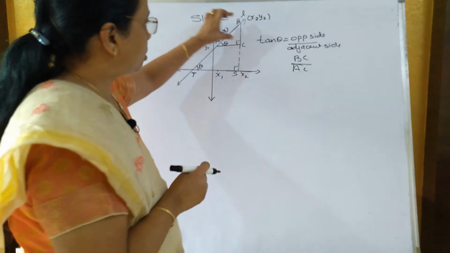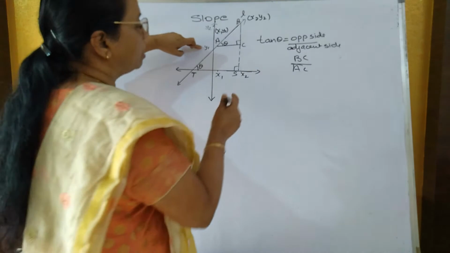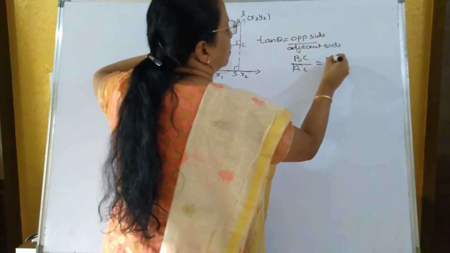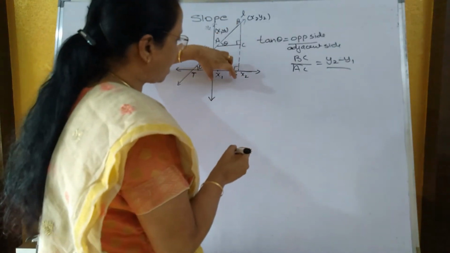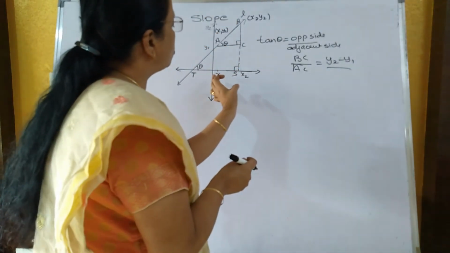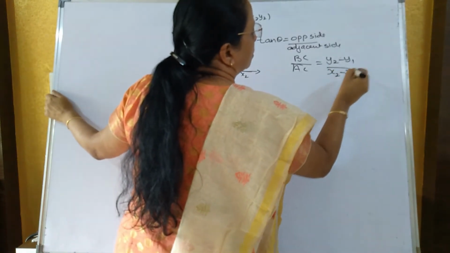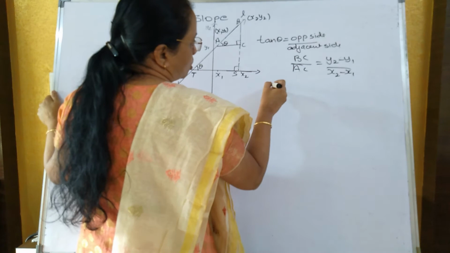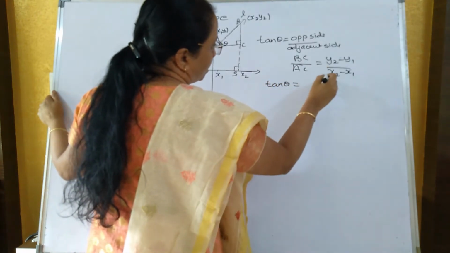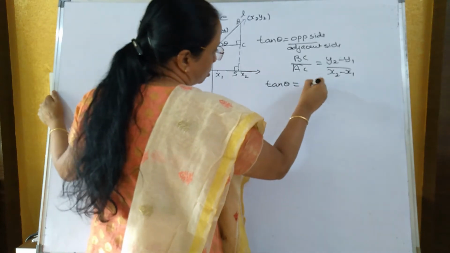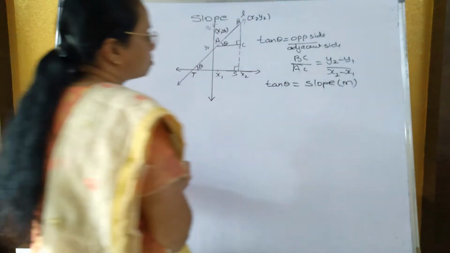BC is parallel to the y-axis, so distance BC is y2 minus y1, and AC is parallel to the x-axis, so that is x2 minus x1. So tan theta is equal to y2 minus y1 upon x2 minus x1, which is the slope, denoted by the small letter m.